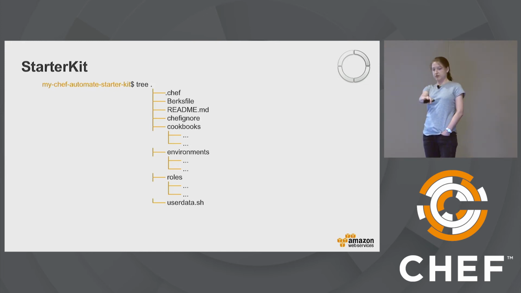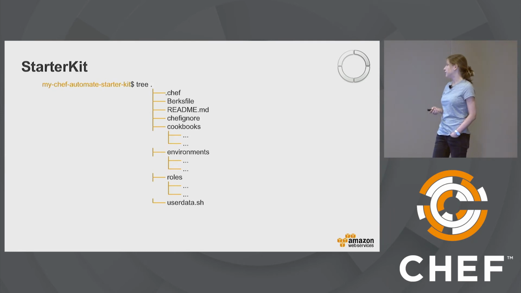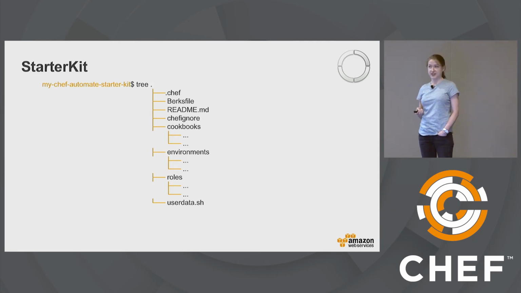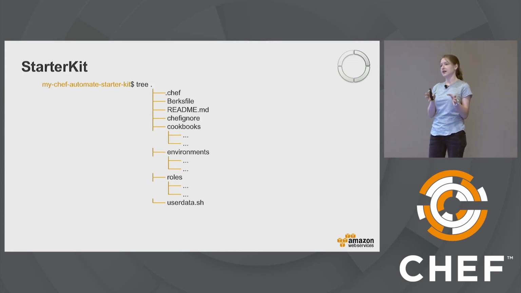And besides cookbooks, environments, roles folders where you need to store your cookbooks, environments, and roles, you have a very interesting file called userdata.sh. This is something that we prepared for you, so you can include it into the boot of your system, and your node will automatically check in with Chef Automate. You don't need to do anything. Especially it's good when you use auto-scaling. You just put it in the launch configuration, and it's there.